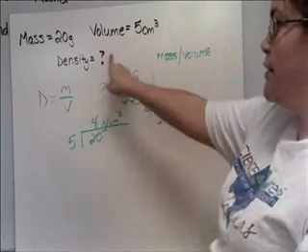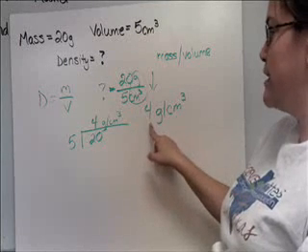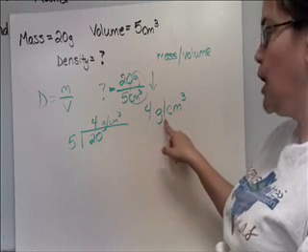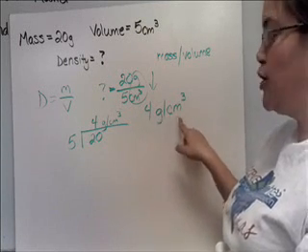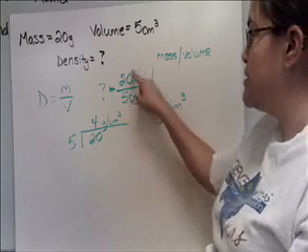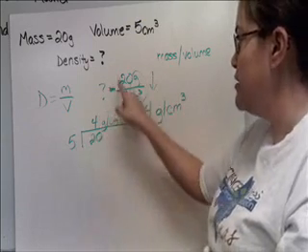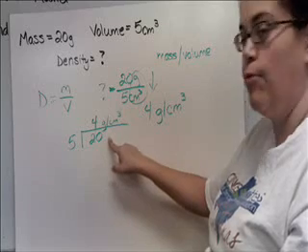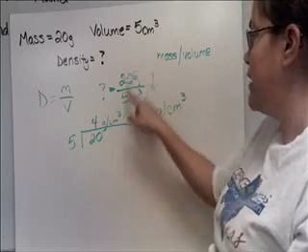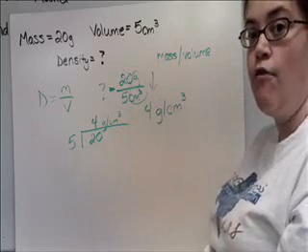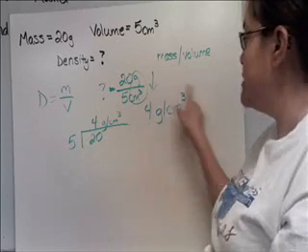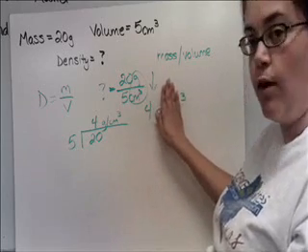So our answer for this question is our density is 4 grams per, line is per, cubic centimeter. So make sure you set up your division correctly. Number on top is our cowboy. Cowboy goes inside the house. And that you circle your labels and read them from top to bottom. This is our answer. If you just have 4, that's not correct.